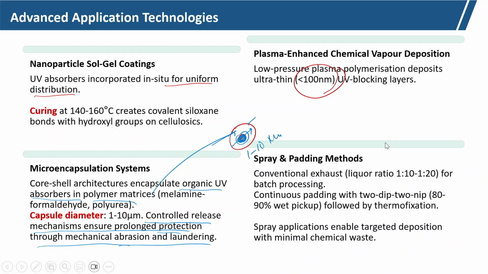And another technique is the spray and padding method. In the conventional exhaust, the liquid ratio is 1:10 to 1:20 for batch processing, and continuous padding with 2 dip, 2 nip, 80 to 90% pickup, is followed by thermofixation.